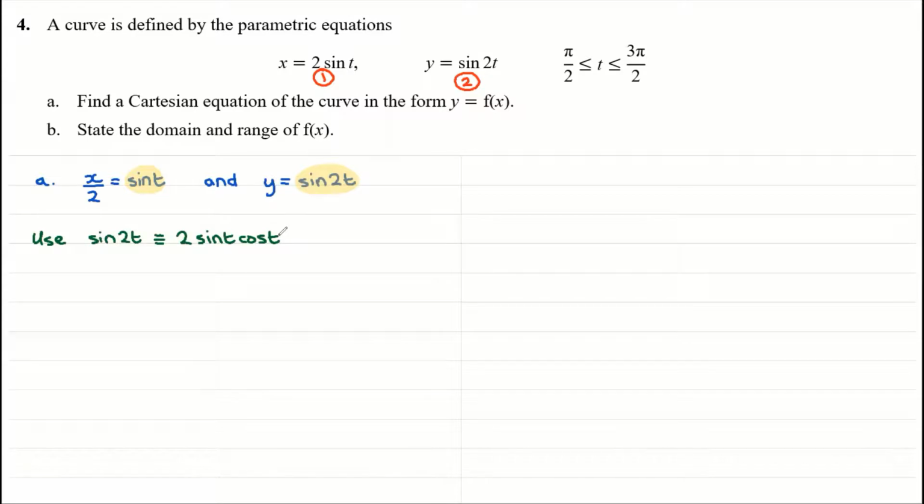Now, this, as you can probably tell, is going to throw up a problem. I'm going to substitute in as best I can. So I know that I can replace the sine t here with x over 2. So I'm going to do that. And we can call sine 2t obviously y.